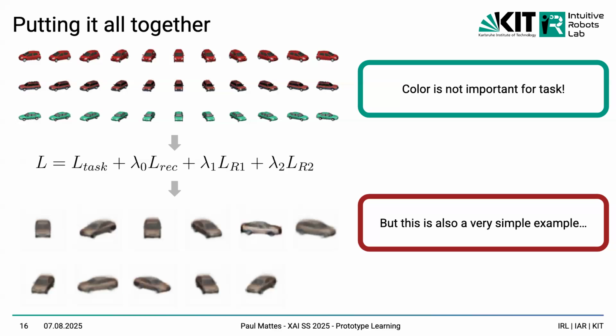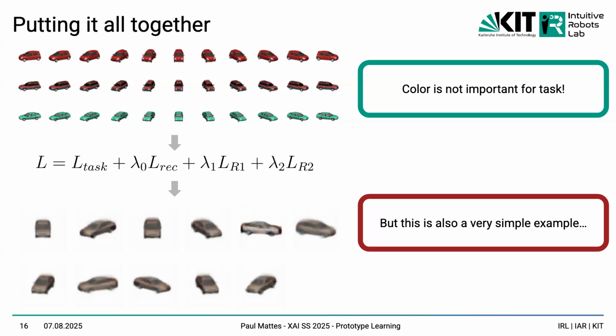And R1 and R2 losses are important so that you don't get this collapse of prototypes, and that you actually have different prototypes representing different training samples. And as I said, in this case here, we could also use 20 or 30 prototypes, doesn't matter, because then some prototypes just represent similar classes, right? That could be, but it's not that bad. It's just important that you have enough prototypes to represent all the different features in your data set.